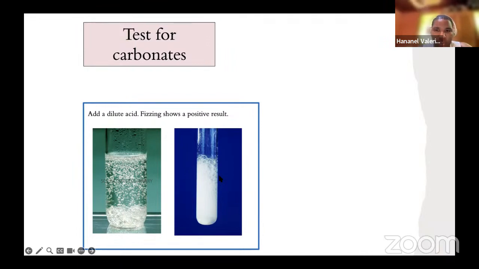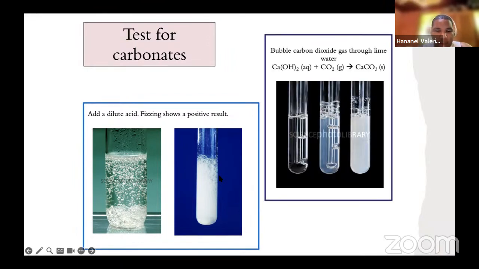That reaction will cause carbon dioxide to be formed, and the carbon dioxide gas in that test tube we can bubble through lime water, which will turn that lime water milky if we have carbonate present. So it is the easiest test to do. Just add an acid, cause it to react, and then bubble the carbon dioxide gas into the lime water. So it is a very easy one for us.